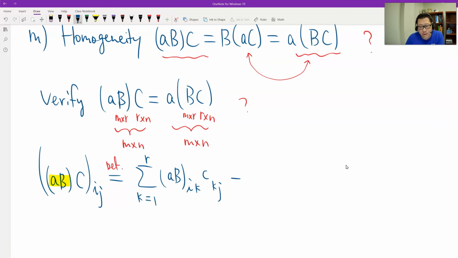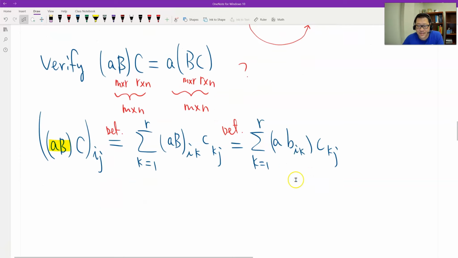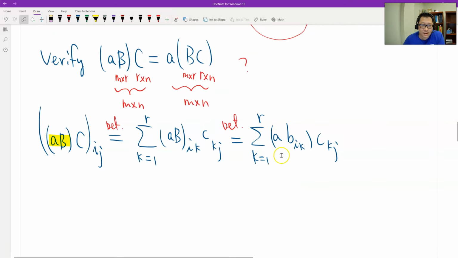And then one more time, scalar multiplication. Scalar multiplication means A times B_IK. This is the definition of scalar multiplication. Times C_KJ, K from 1 to R.